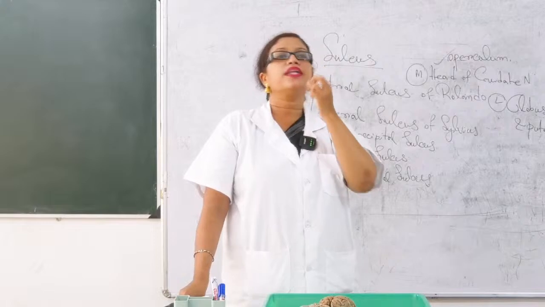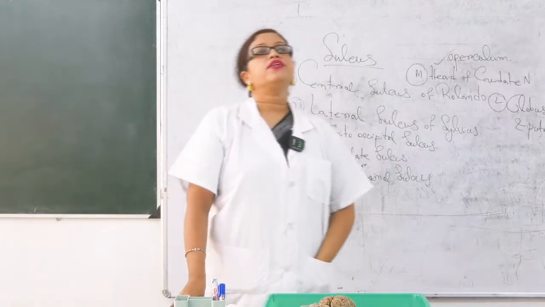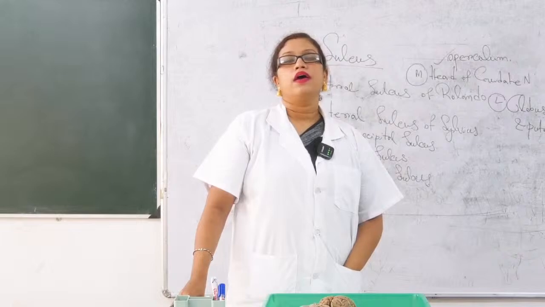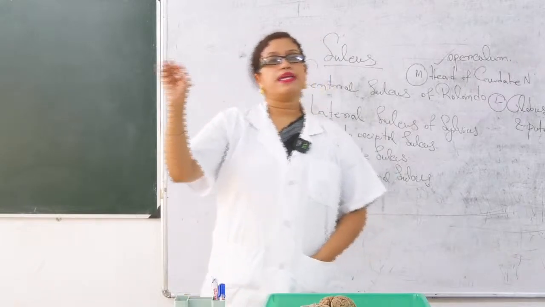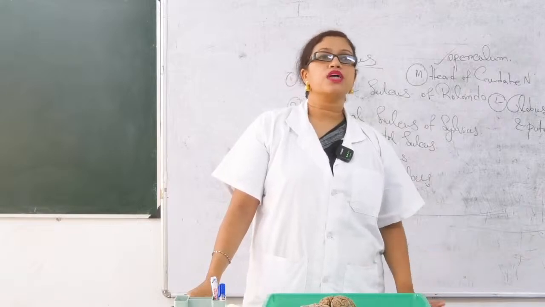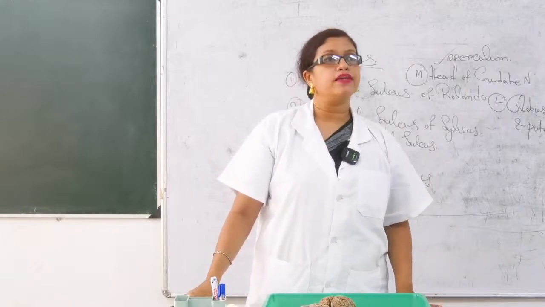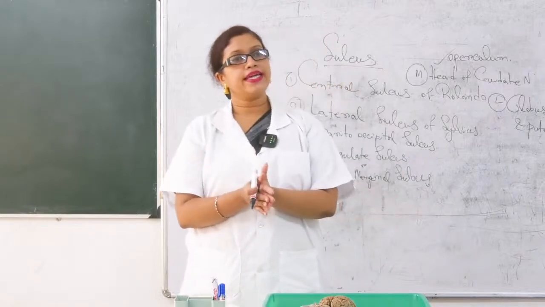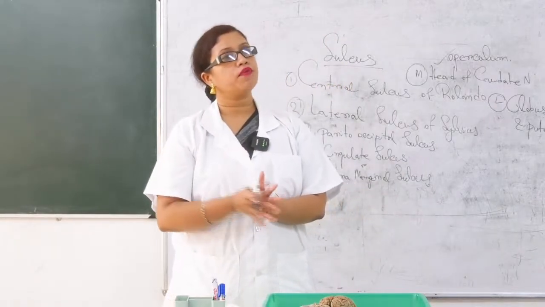Okay, then next one is from the third to fourth, how is it going? So just remember the CSF pathway. Okay, you have to remember there are two types of foramen, foramen of Luschka and foramen of Magendie. Which one is the medial foramen? That is the foramen of Magendie. যেটা lateral হবে সেটা হবে foramen of Luschka.